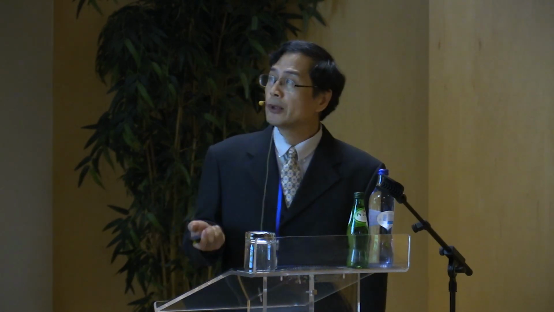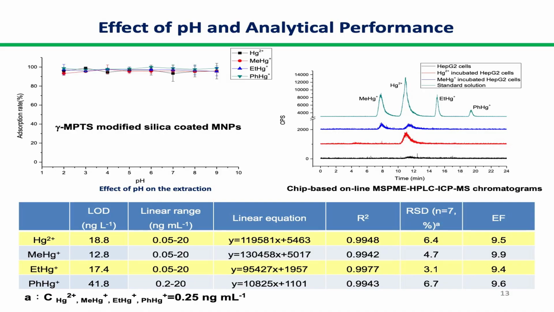As you can see, for methylmercury-incubated HepG2 cells, we can get 2 species. One is methylmercury. The other one is inorganic mercury, which means there is demethylation of methylmercury in HepG2 cells. This is a typical analytical performance for this hyphenated system.